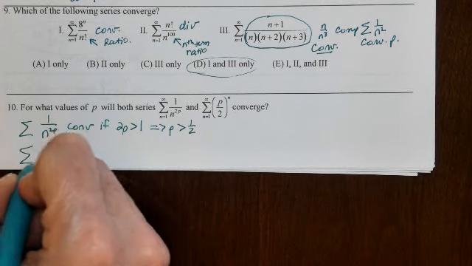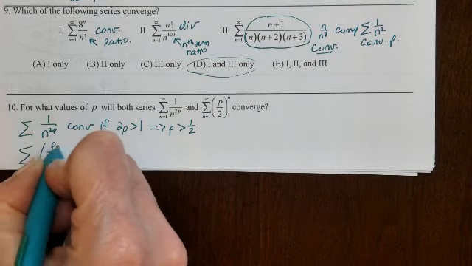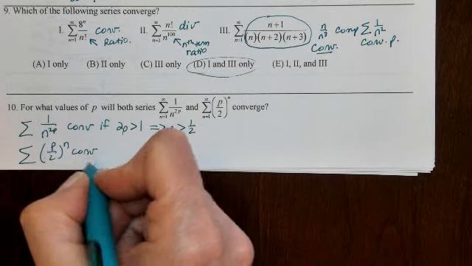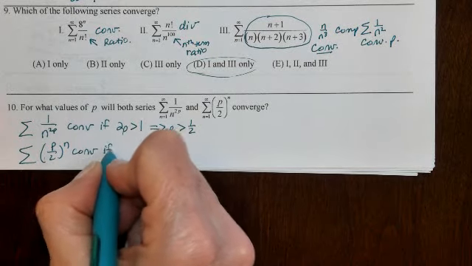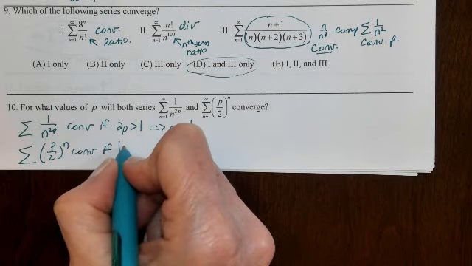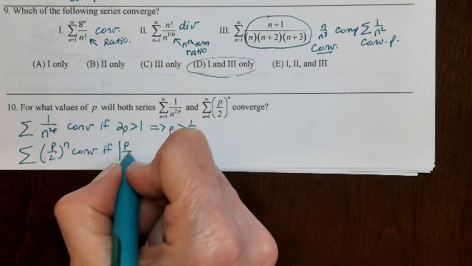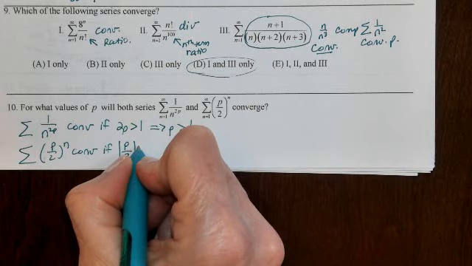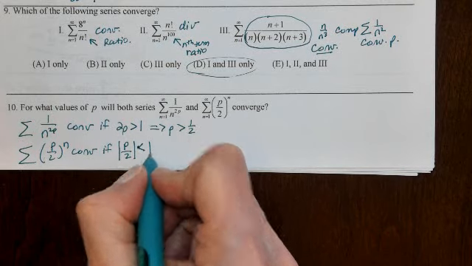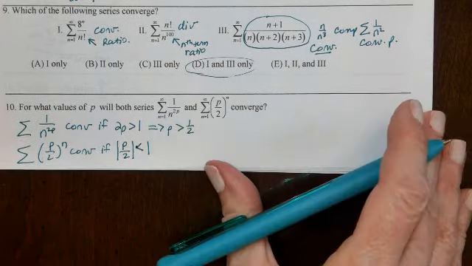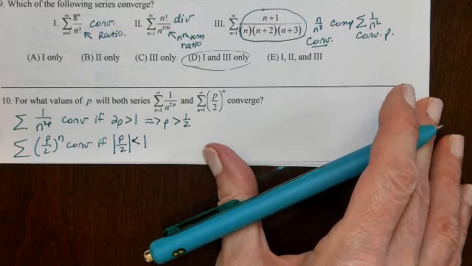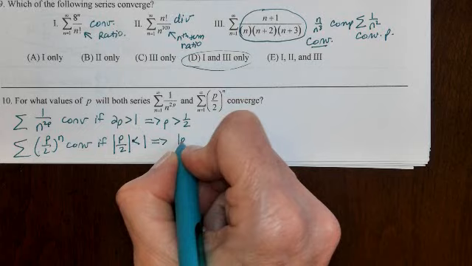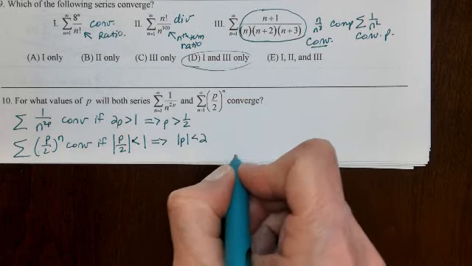For the other series, we're looking at a geometric series, and the geometric series converges if the absolute value of p over 2 is less than 1, right? So this says that the absolute value of p is less than 2, right?